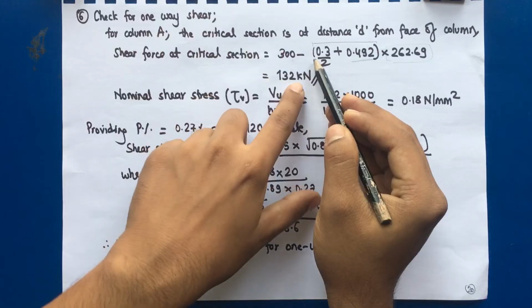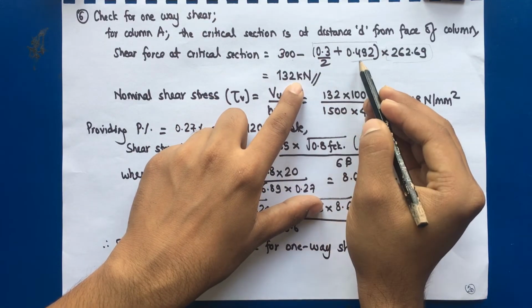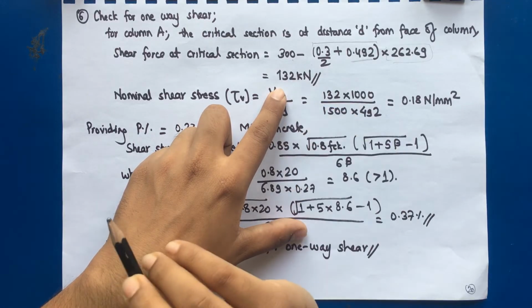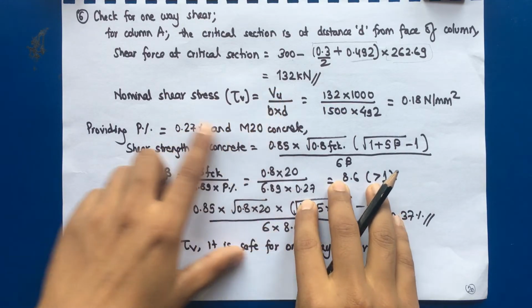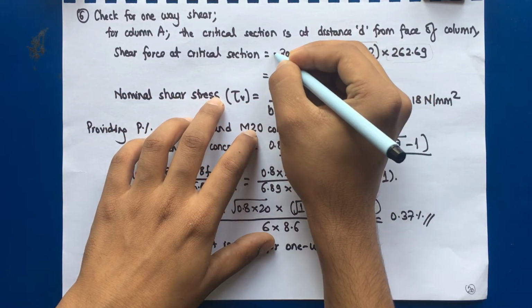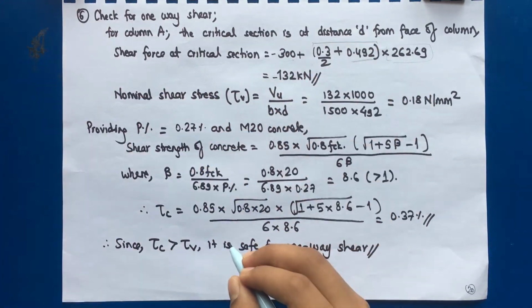So 300 minus (0.3 divided by 2 plus 0.492). So this value comes as 132 kilonewton. Similarly, if we follow the sign convention, then it will be minus 132.